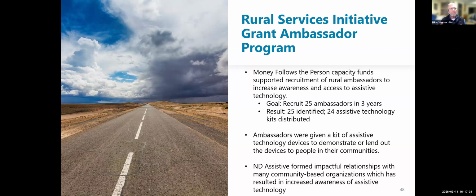There are about 20 or so devices in each kit. And we did find 25 people in the rural areas in North Dakota to house these kits. They can kind of do what they want with them within reason. But the idea is to just create awareness around AT in the smaller communities.